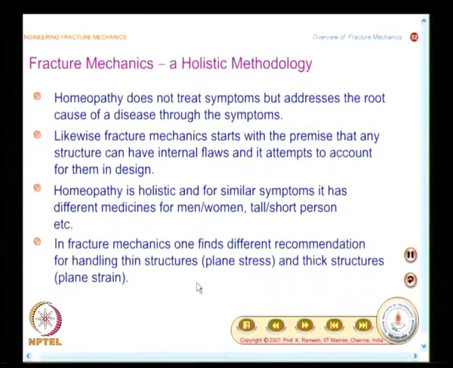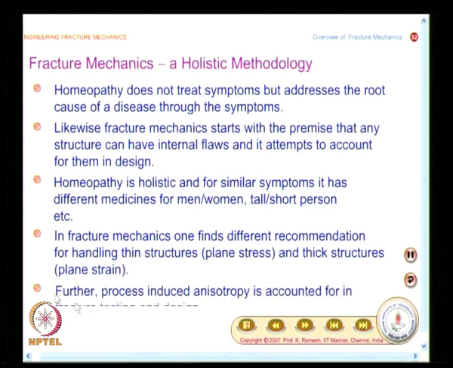Not only this, you have several manufacturing processes. Suppose you do an extrusion, it induces an anisotropy because of the process, and this is accounted for in fracture testing and design. See, this is not commonly seen in your conventional design.